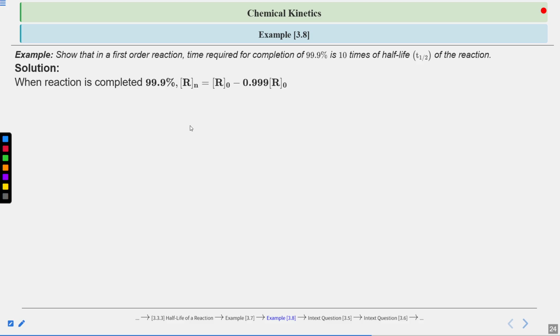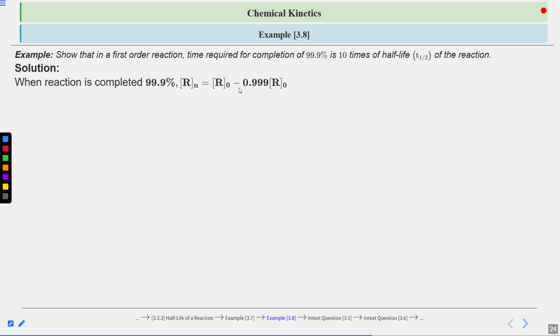Any doubt? So let me explain again. We are given that the reaction is 99.9% completed, so that means only 0.1% remains. If you remove the percent, the decimal will go backwards, so it will become 0.999.